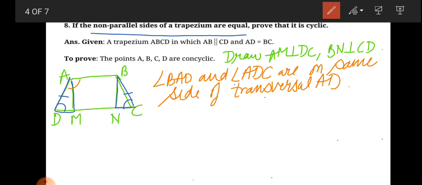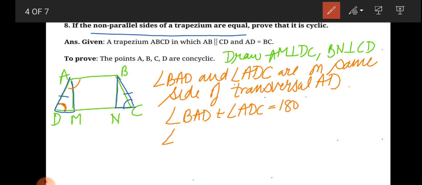So angle BAD plus angle ADC is equal to 180 degrees, as angles on the same side of a transversal are supplementary.